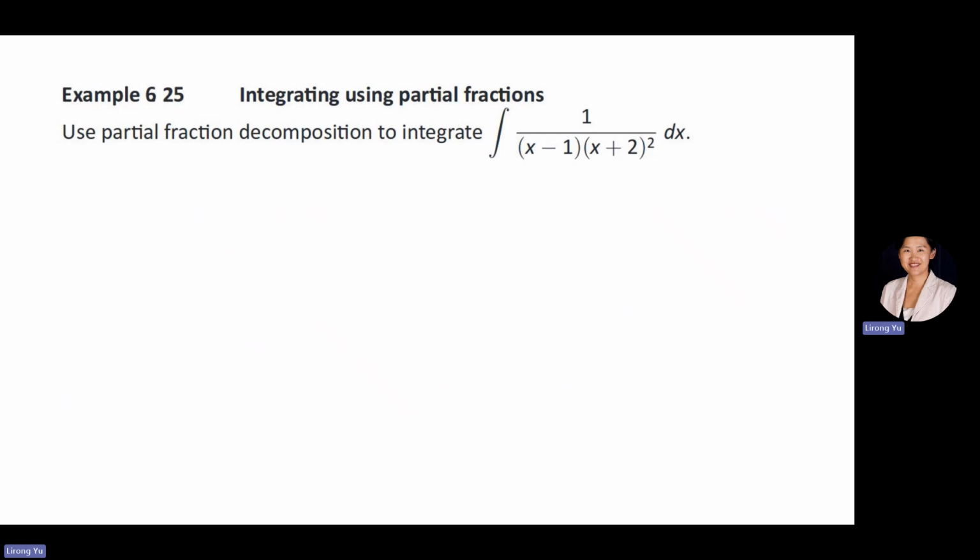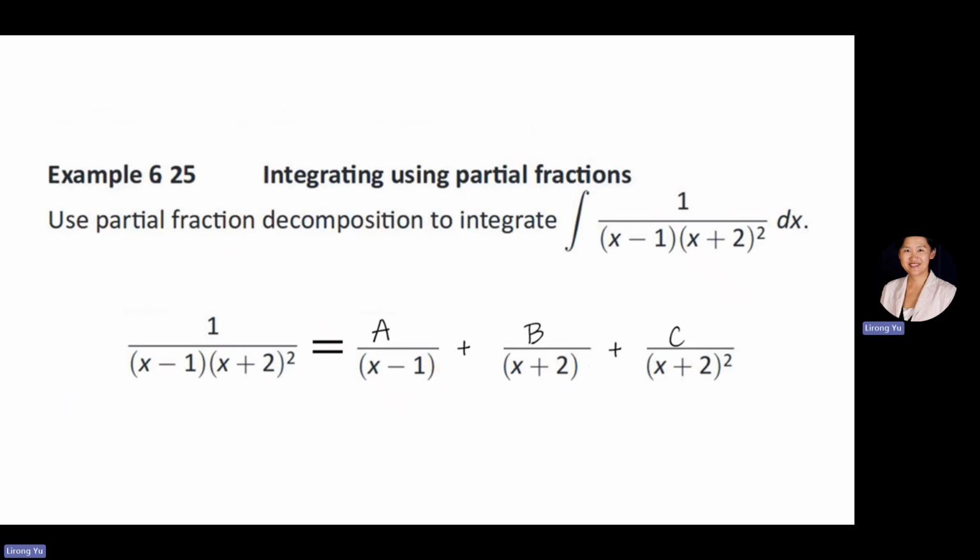So let's look at an example that's not so lengthy. This is the first example in the section about how we simplify an integration function into smaller fractions so we can actually work it out. According to our idea, this question's denominator only has degree one factors.